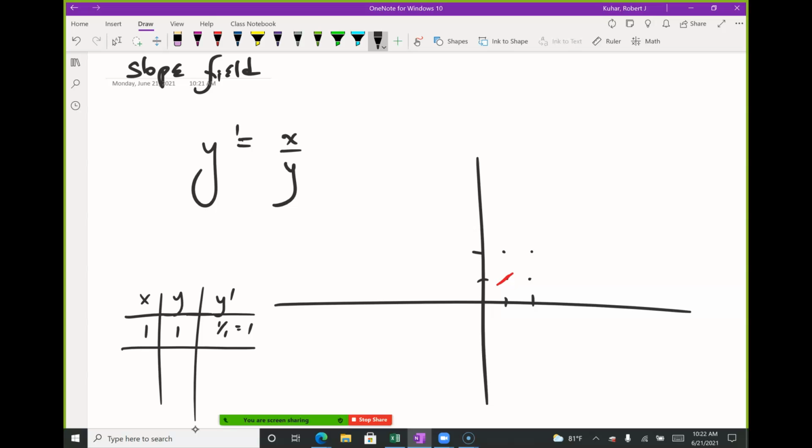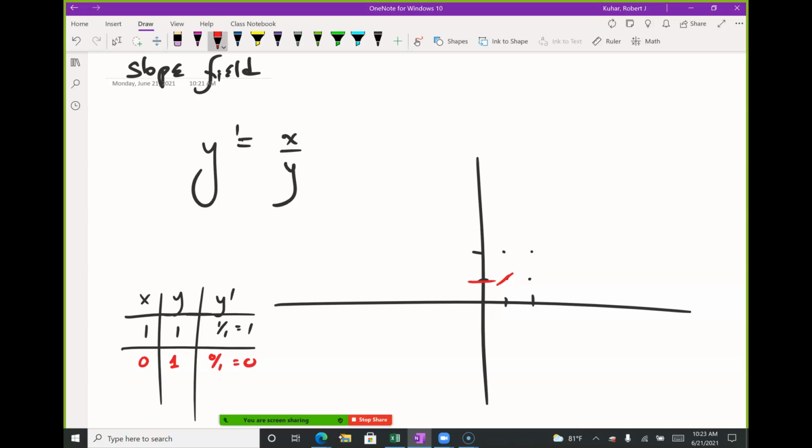Let's try to find that initial value path that we had. What about 0, 1? If x is 0 and y is 1, my slope is x over y, that's 0 over 1, that's 0.